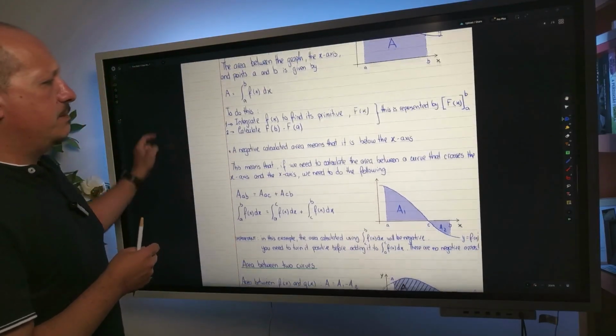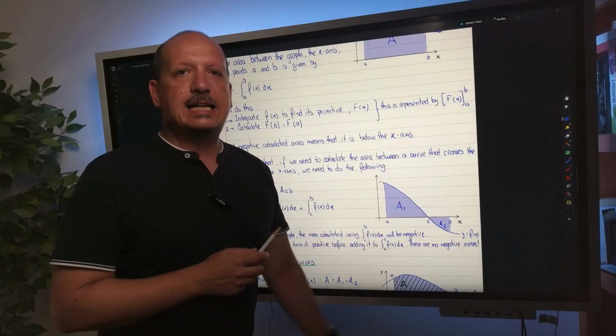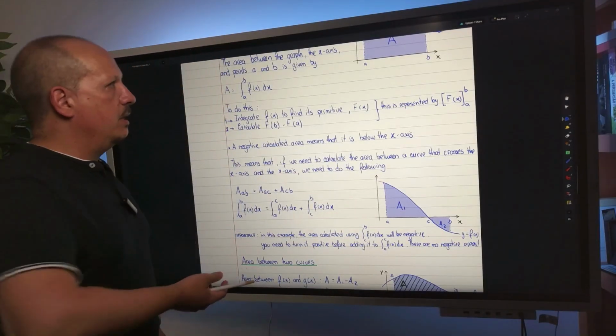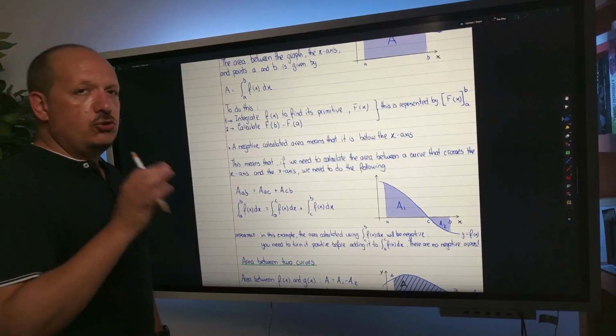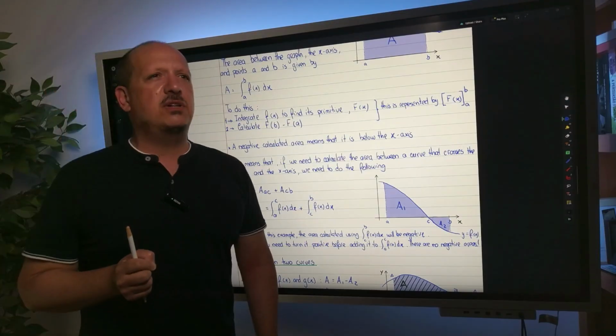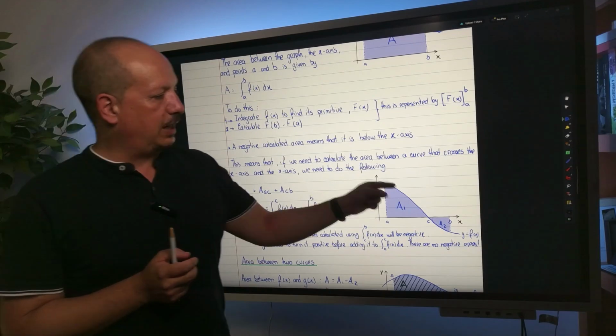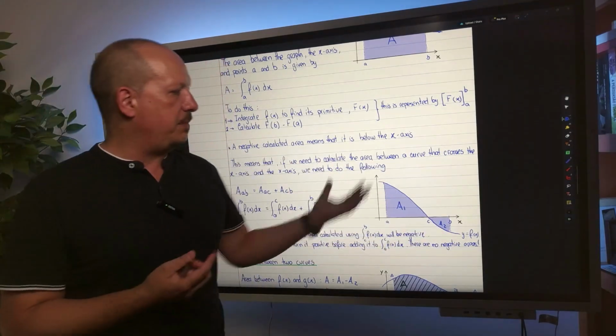But what happens if you have a function like this, which goes and crosses the x-axis? It can happen, right? You have to pay attention to these cases. In some exams you are not told explicitly that this will happen with a function. You are not given the shape.